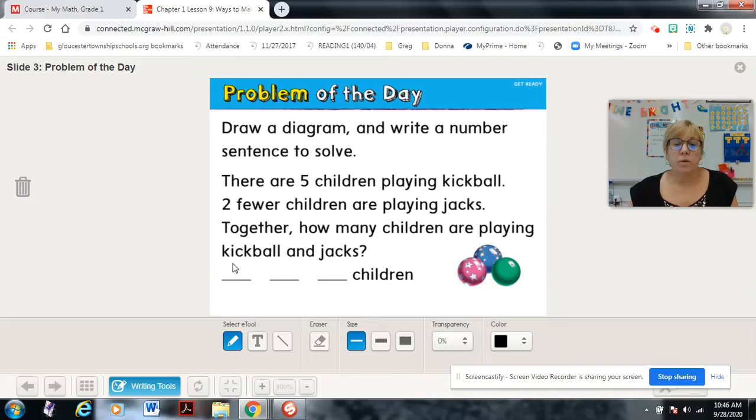So we said already that there are 5 children playing, right? 5 people playing kickball. Now it's an addition number sentence. That's right. So you put a plus sign. Very good. And then we figured out that there were 3 children playing jacks, okay? Now we have to figure out how many altogether are playing. We have to make sure we put an equal sign, right?